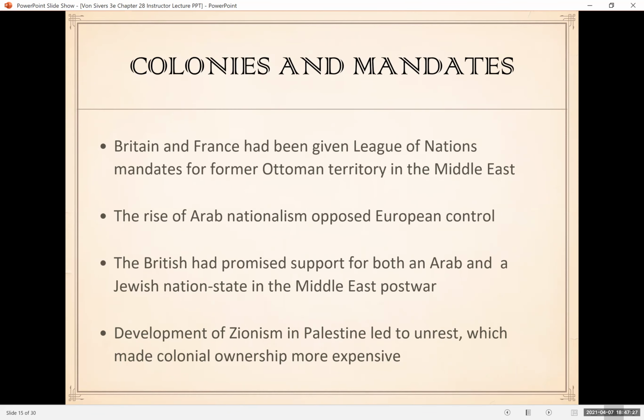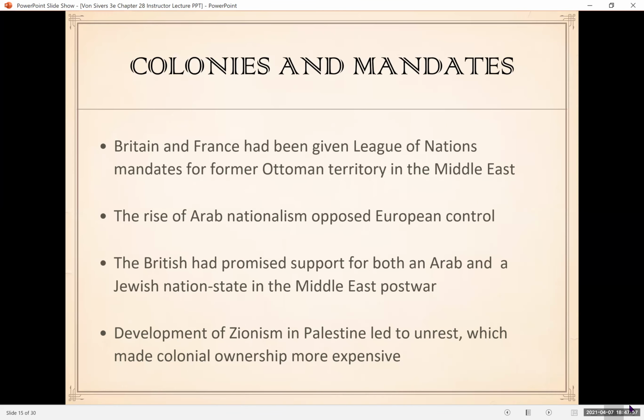Adding to these problems is the growth of Zionism. Zionism is basically the idea that Jews need their own homeland. And the homeland they chose is, of course, the ancient home of the Hebrews, Jerusalem, and the area we now know as Israel. But there were already people there, the Palestinians.